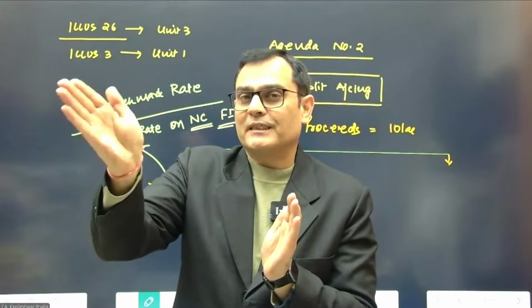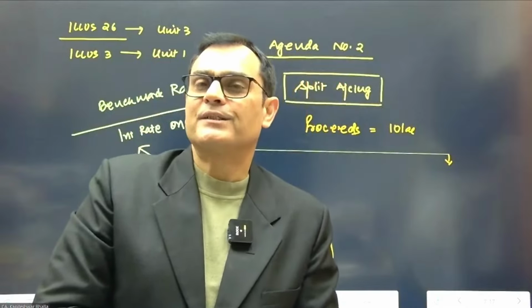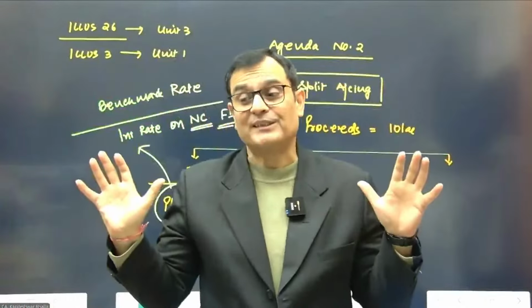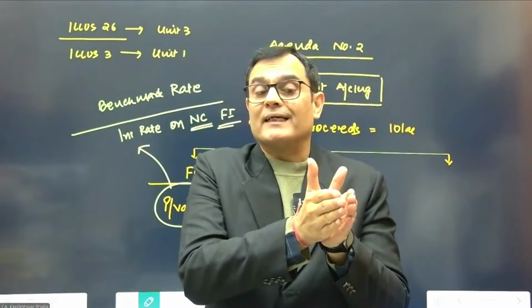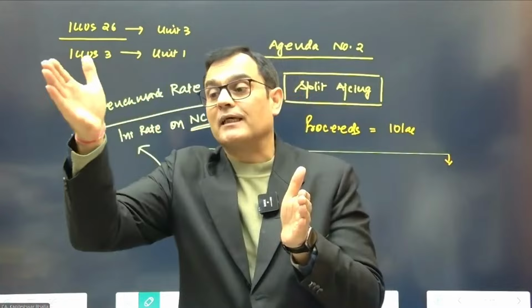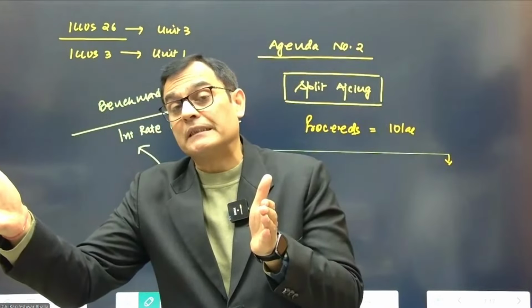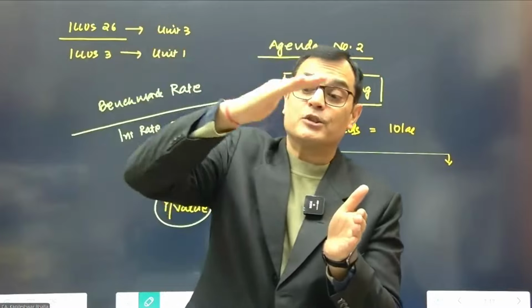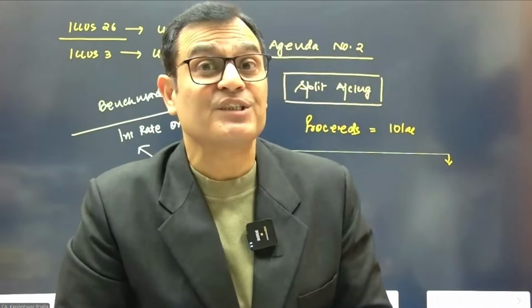But if you discount it at 12%, are you going to get 100? Are you going to get less than 100? Think of this mathematically. I took a loan of 100 rupees from someone. I said, okay, I give you 9% interest, so at the end of the first year, I'll give you 109. But if you discount 109 at 12%, are you going to get 100 or less than 100?